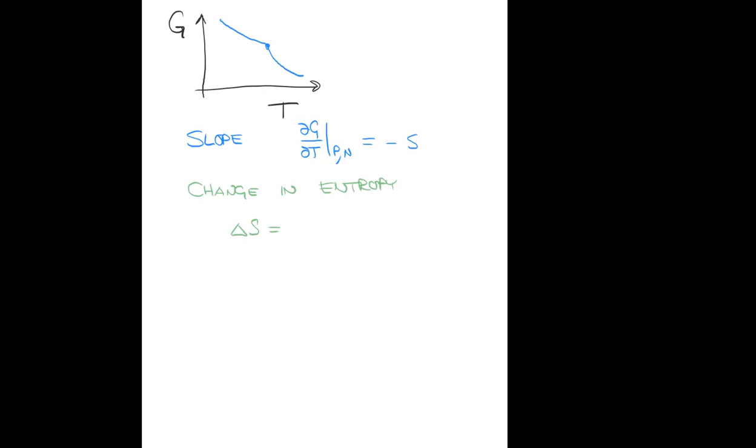That's the one with the steeper negative slope. So the change in entropy is minus dG by dT in the vapor phase minus dG by dT in the liquid phase.